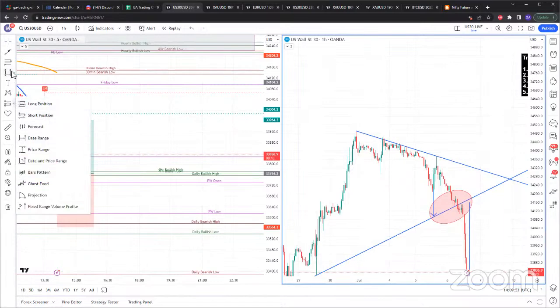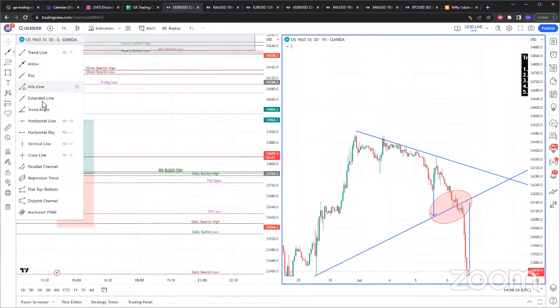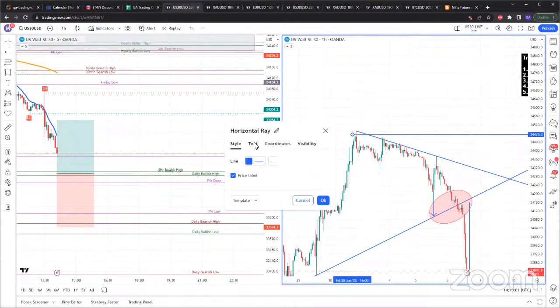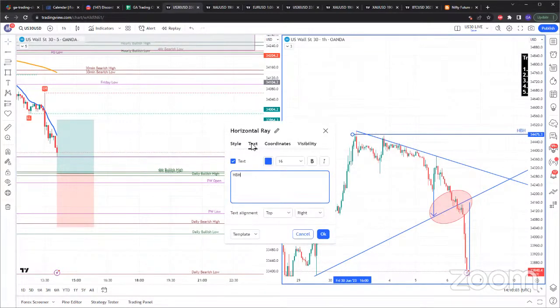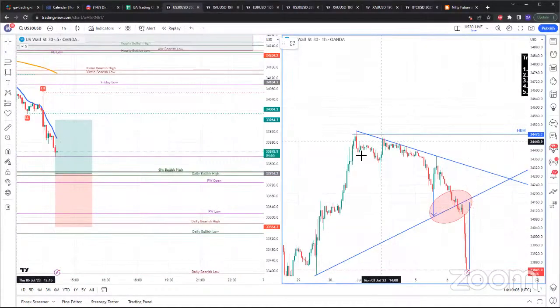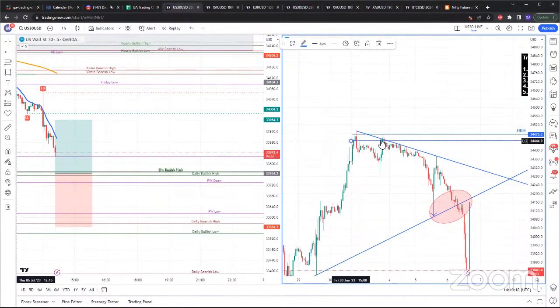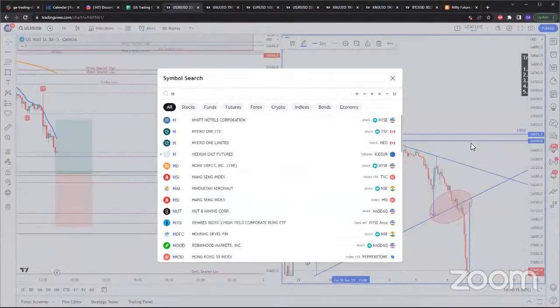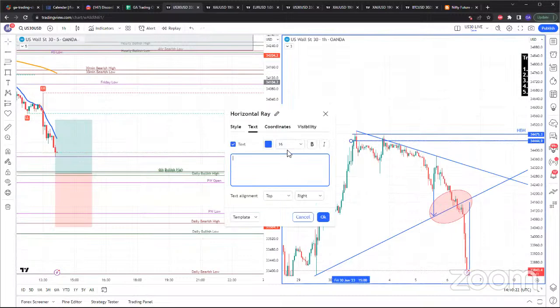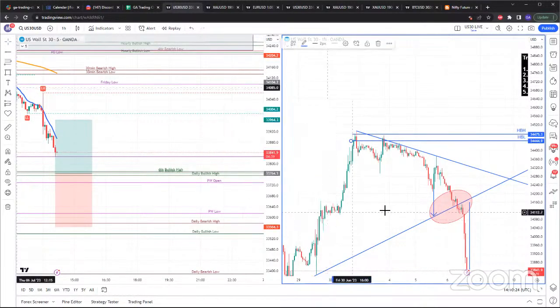So in this case, right here on the hourly, this would be my hourly bullish high. And then the low of that candle, the wick or the body, whatever, would be the hourly bullish low. And that's the same way my automated markups work. And that's it.